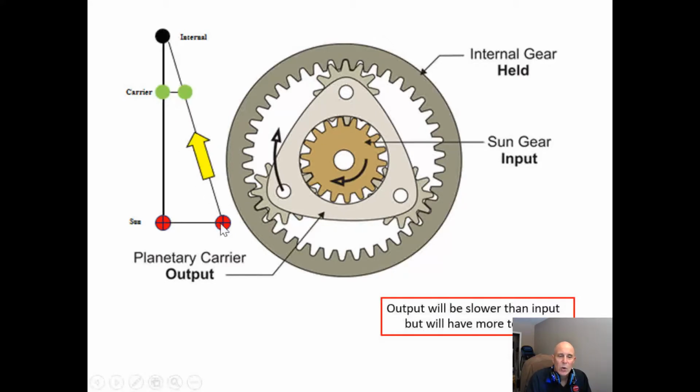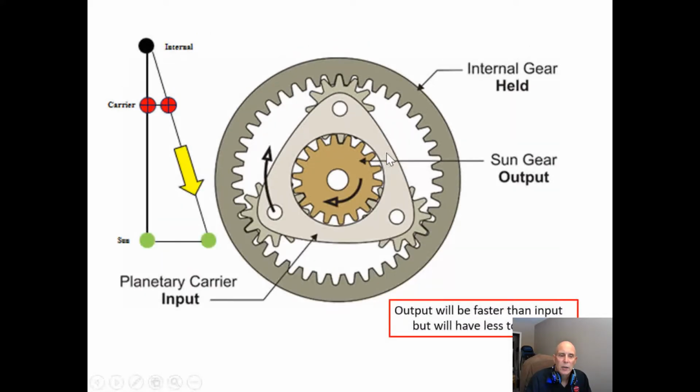So if we go 5 to 2, let's just say that's our gear ratio, for every 5 times this sun gear turns, we only get 2 turns of our planet carrier, which would be a gear reduction. So with the gear reduction, what happens to our speed? Well, our speed goes down, but our torque goes up.